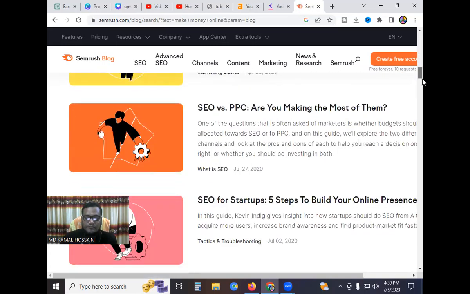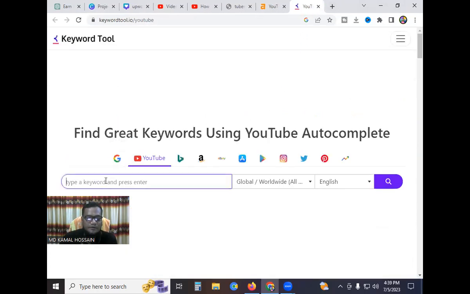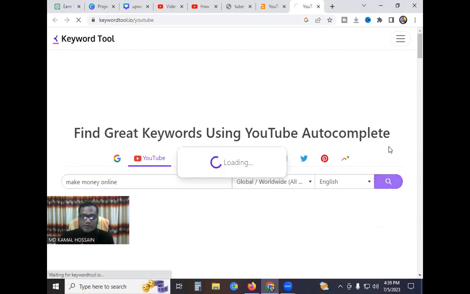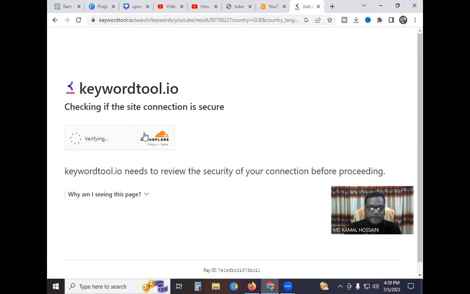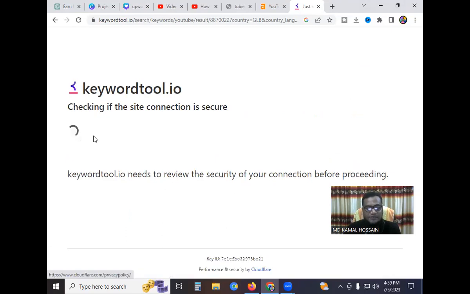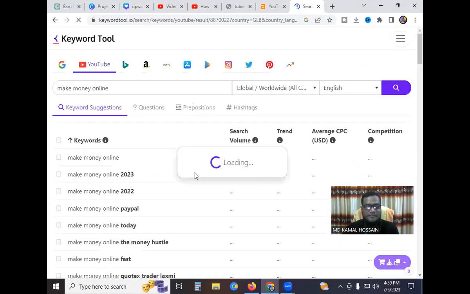A lot of words: make money, make money online. Just keyword. Keyword is a very important part. Keyword research.